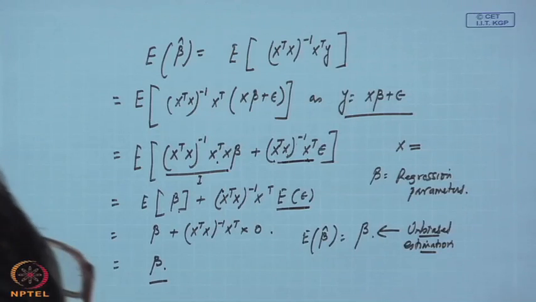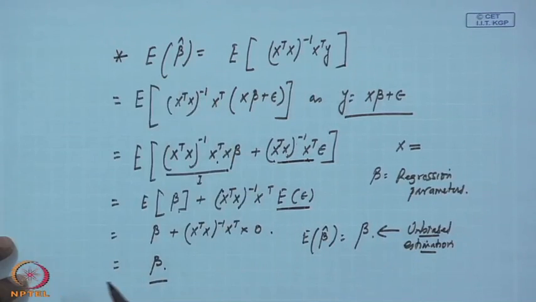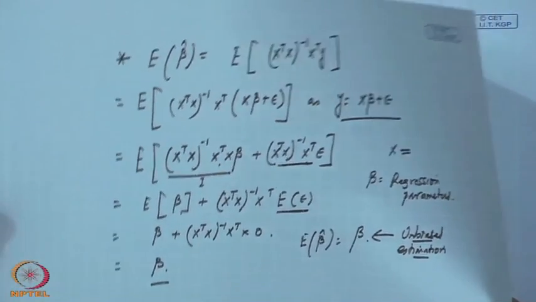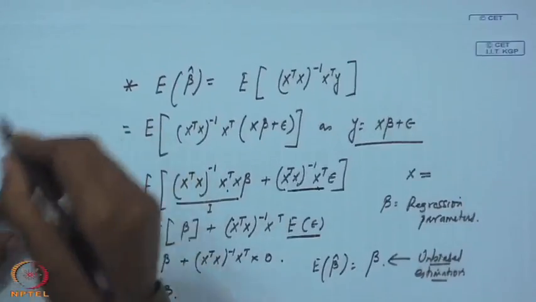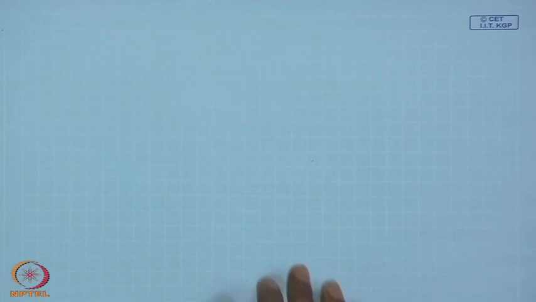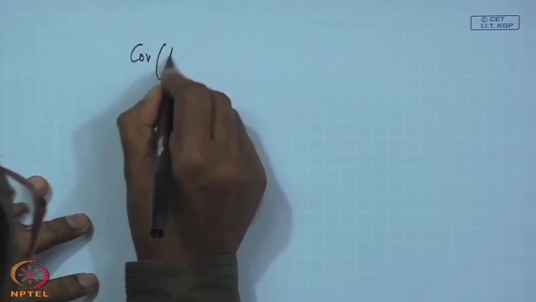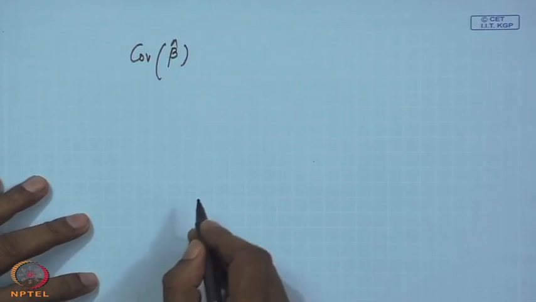Okay. So, in addition, first we have taken that expected value of beta cap. We want to know also the covariance matrix of beta cap.